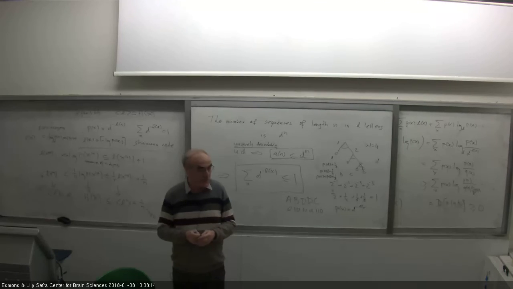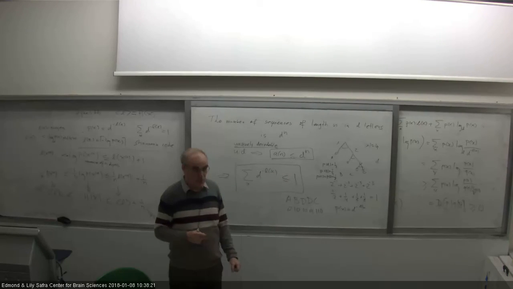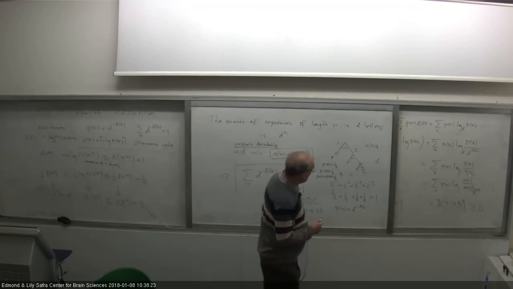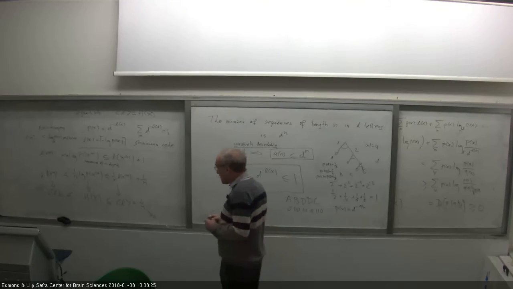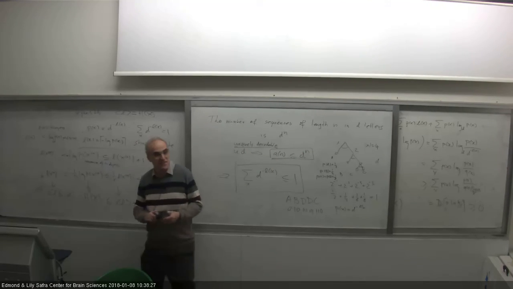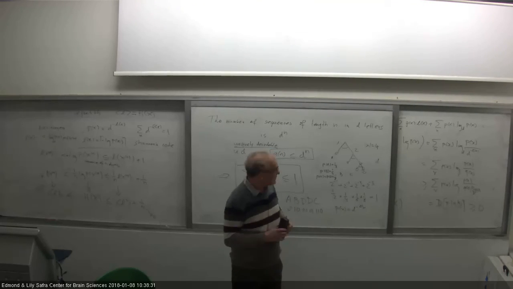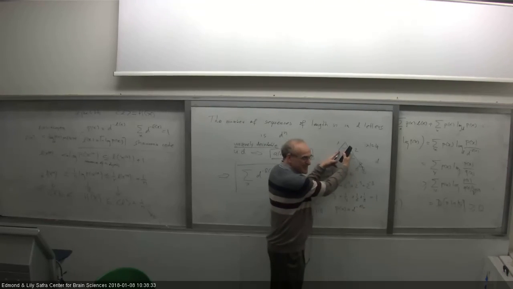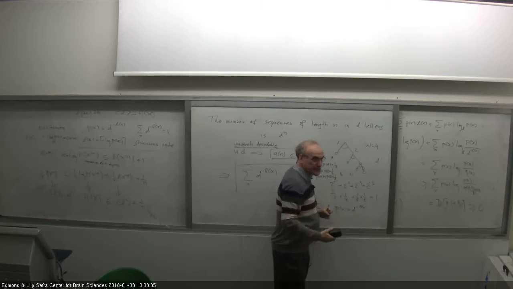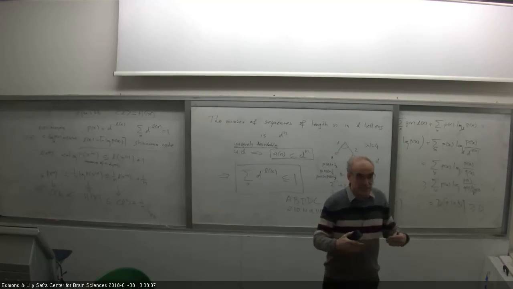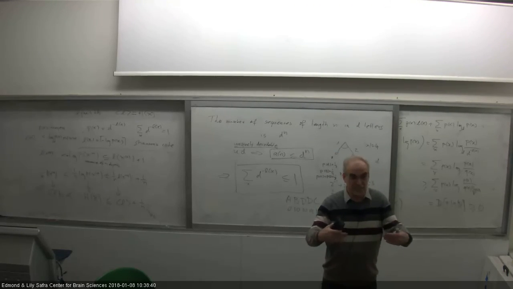That's because for any length function which obeys the Kraft inequality, I can find a prefix code or a tree. But now you can interpret this tree as a set of questions. This is the first question, and this is the second question, this is the third question, and so on.